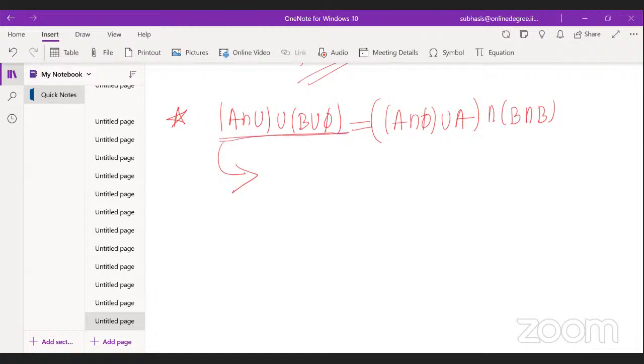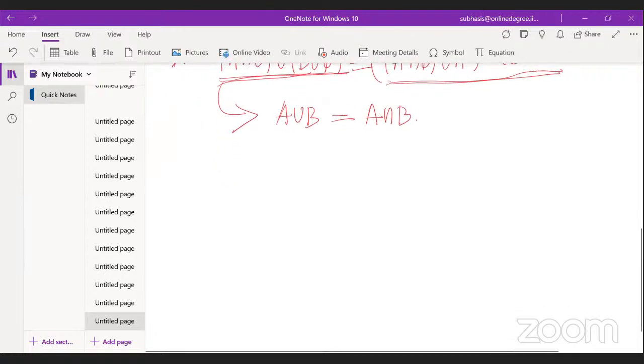If you simplify this expression, what will you get in the end? Left side it is A union B, and right side it is A intersection B.